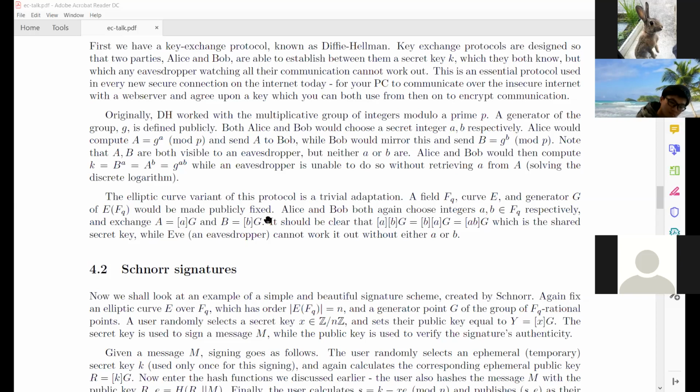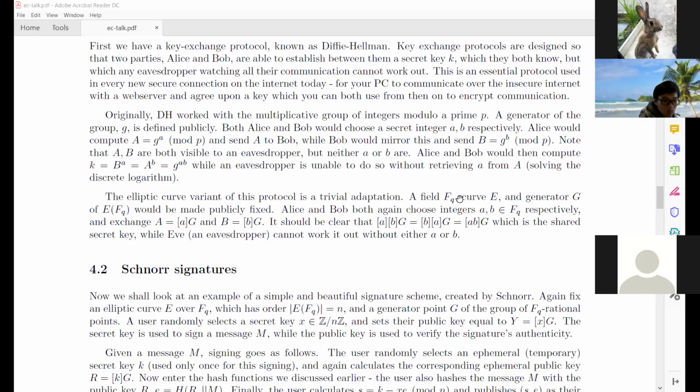Like if you're given this and this, there's no known way to take these two and somehow get this out of it if you don't already know A or B. So you'll note that obviously solving the elliptic curve discrete logarithm problem would break this. If you could get little a out of this or little b out of this, then you could obviously do this.